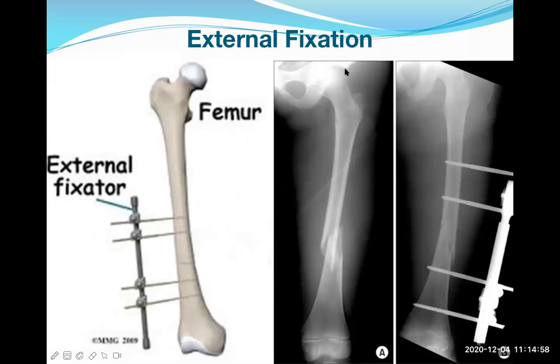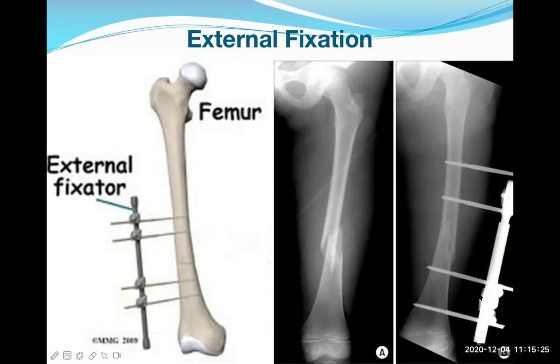Now this is external fixation, the third way. So this is an external fixator. You can see here the rod is always kept outside, and the long pins are inserted above and below the fracture site. This is an external fixator. See that, absolutely the same X-ray. This is a fracture here.